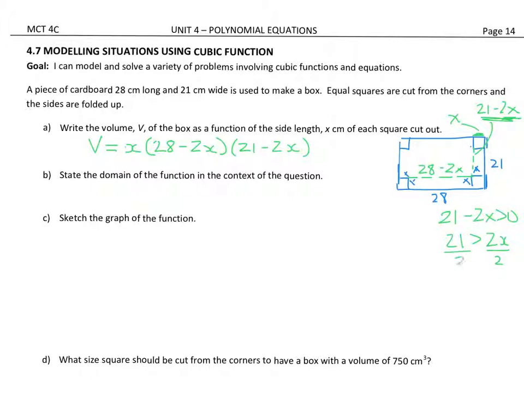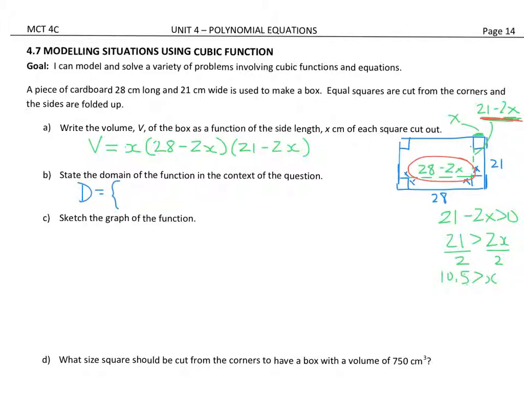So my x has to stay smaller than 21 divided by 2, which is 10.5. If I solved the other equation, my x could actually be slightly bigger than 10.5 and still make that one positive, but because this one was the smaller one, that was the dimension that I worked with there.